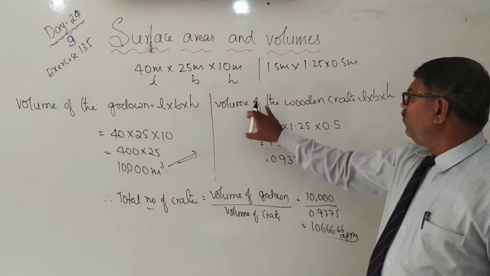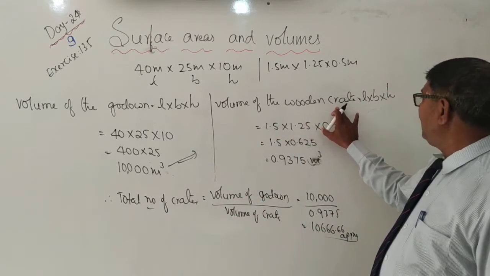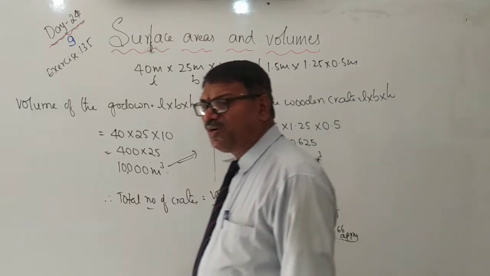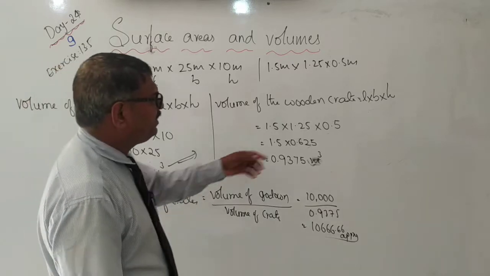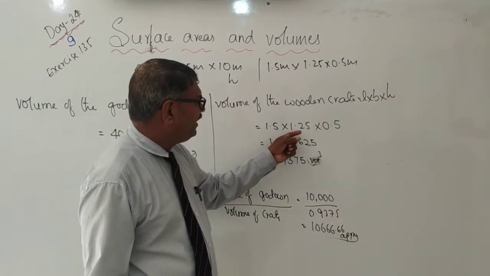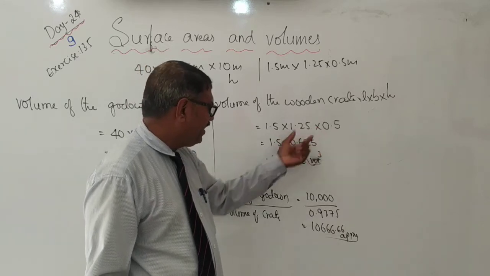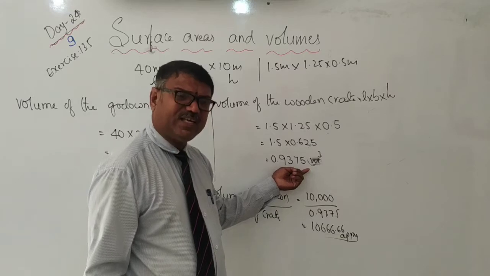Then the volume of the wooden crate, also a cuboid: 1.5 into 1.25 into 0.5, which gives 0.9375 meter cube.